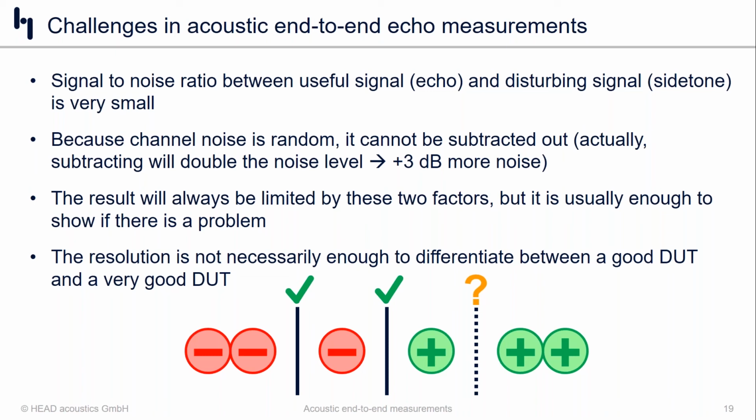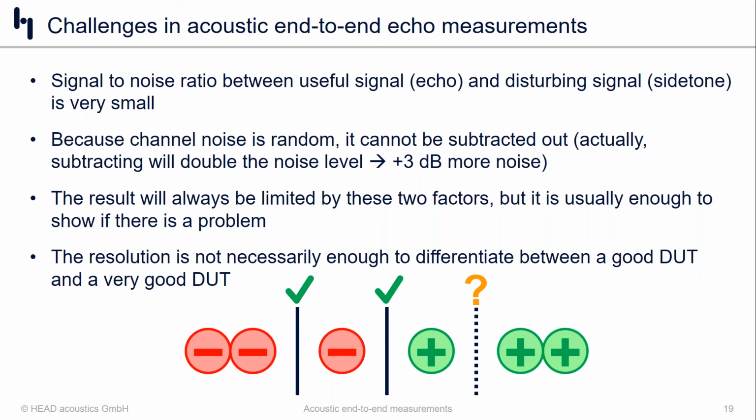Even if it's a moderately bad device or an average device, no problem. We can detect the errors that are occurring in the echo cancel performance using end-to-end testing. Now, the challenge is once we get into the sort of good to very good territory, it's going to be very difficult for us to differentiate between those devices using acoustic end-to-end simply because of the challenges that we're facing here.